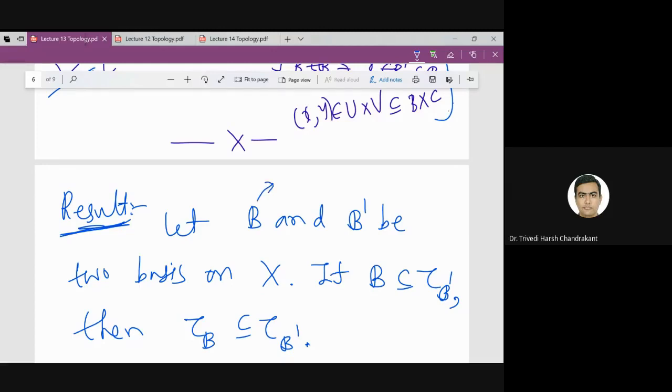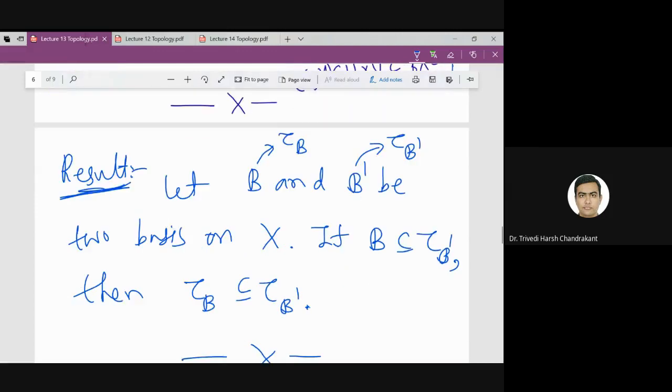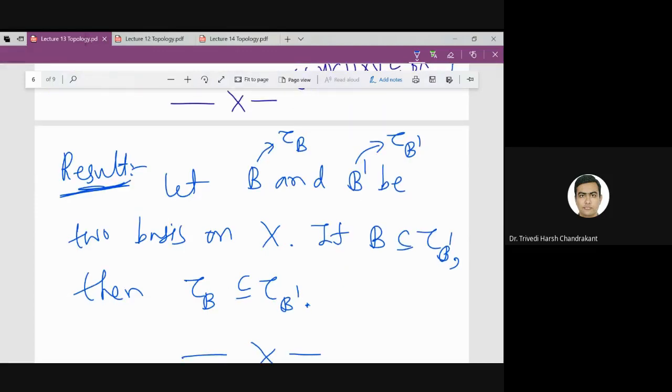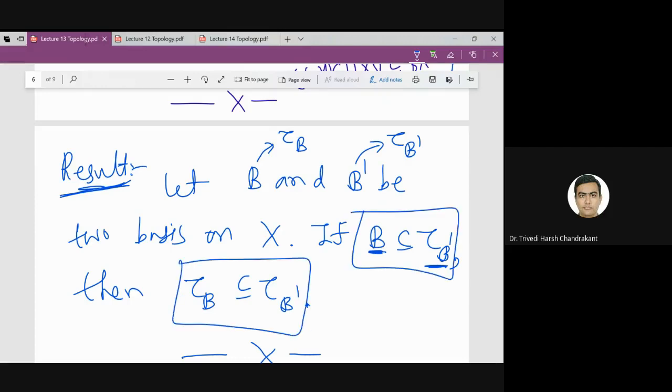One is generated by B, which we denote by tau B. Another is generated by B dash, that is tau B dash. If I know that all basis elements, that means the elements of the collection B, are a subset of the collection tau B dash, then I will get that tau B is contained in tau B dash. So is it clear that this result is true?